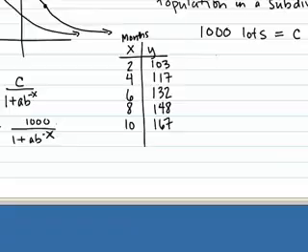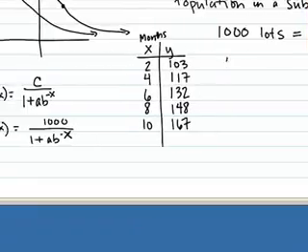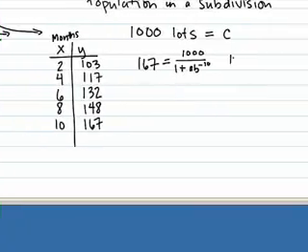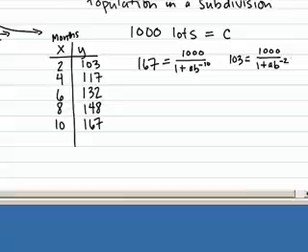So I'm going to write a system of 2 equations. So I have 167 equals 1,000 over 1 plus ab to the negative 10th. And we'll have 103 equals 1,000 over 1 plus ab to the negative second. Okay, from here, I want to get rid of these fractions.